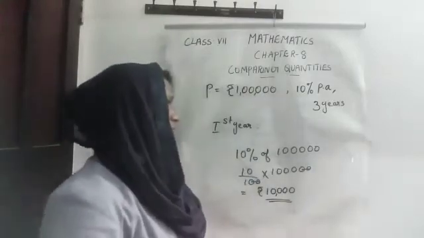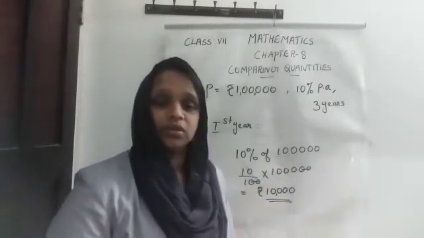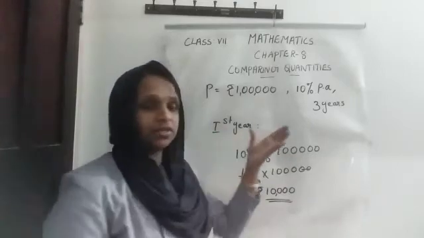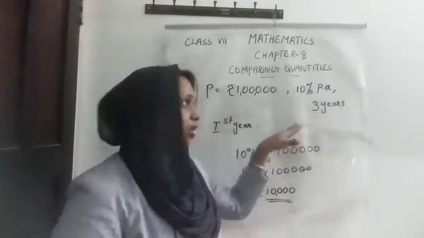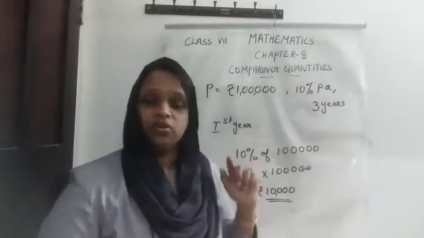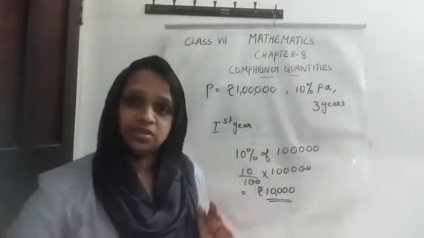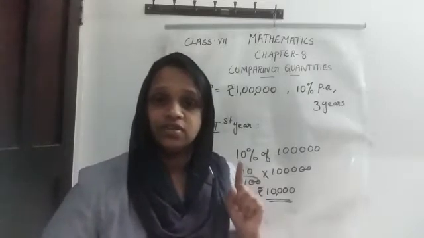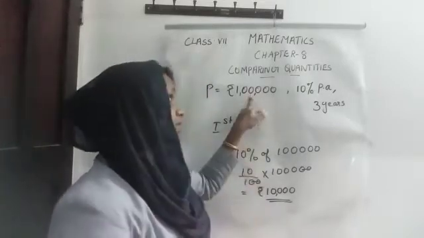So how does the bank calculate the interest? We consider 3 years, and for 1 year it is 10%. I already told you that if it is simple interest, the interest is always calculated on the principal amount.